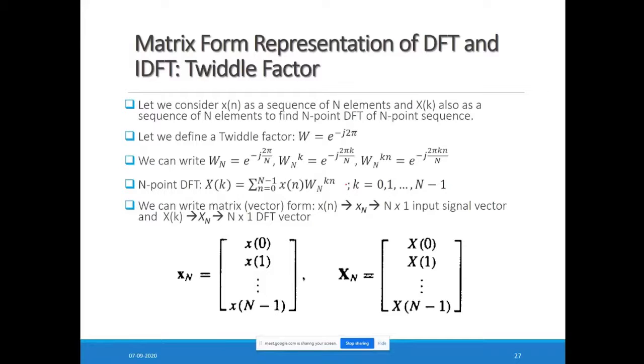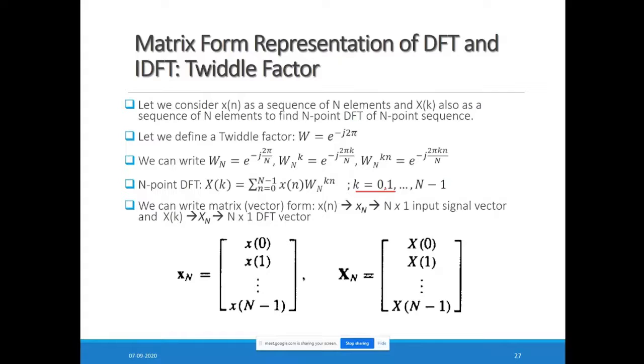Initially we take k equal to 0 and small n equal to 0. First we apply k equal to 0. The twiddle factor is omega suffix n raised to k multiplied with n.